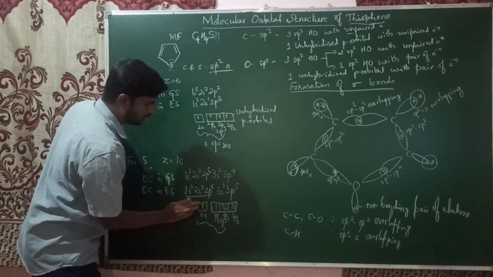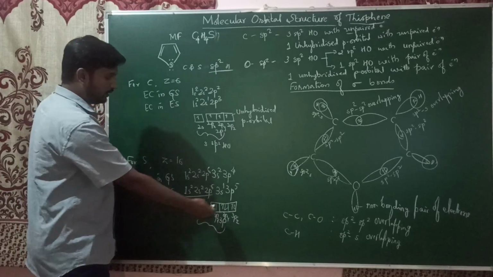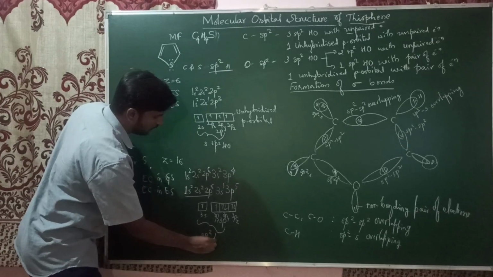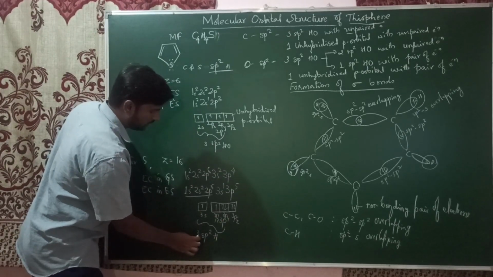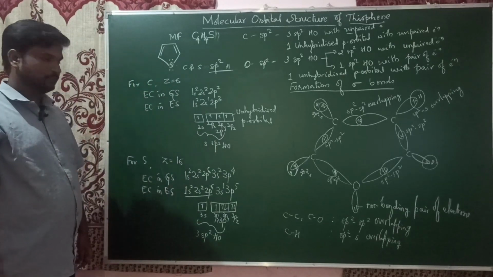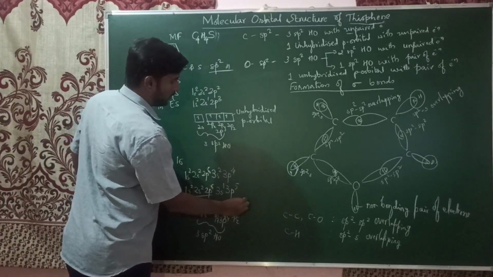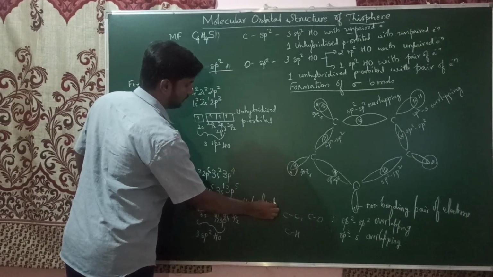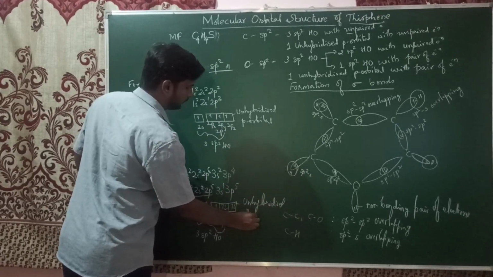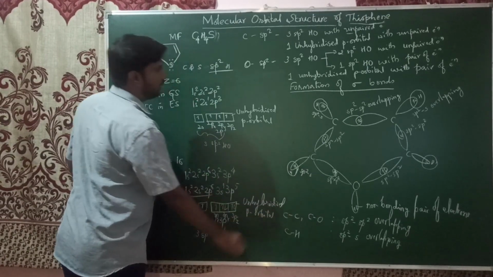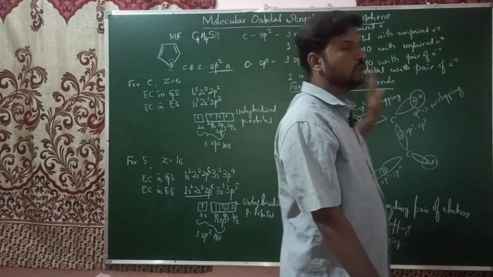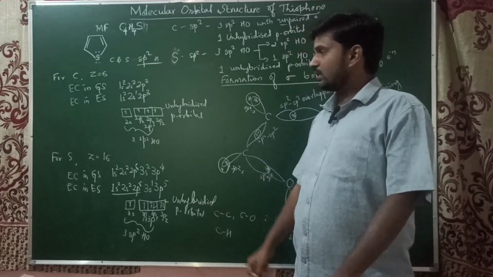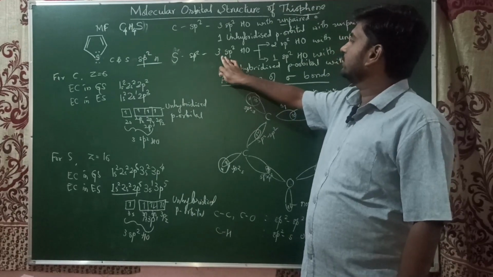The 3s orbital and 2 of the 3p orbitals undergo sp2 hybridization, and these become 3 sp2 hybrid orbitals, and there is still one unhybridized p orbital. As in the case of oxygen, sulfur has the same thing. So if I replace the oxygen by sulfur, sulfur is also sp2 hybridized with 3 sp2 hybrid orbitals.